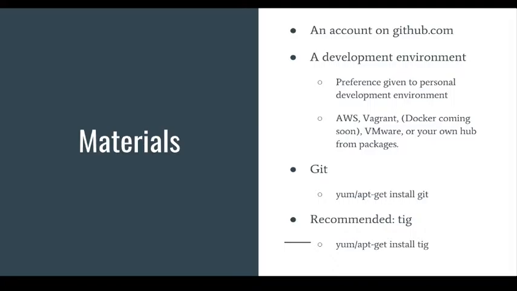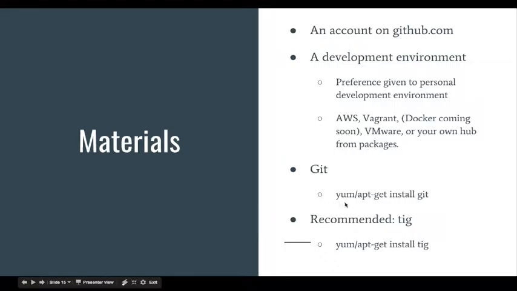So it gives you an environment to test your code in. We do have the VMware download available on hubzero.org/downloads. Or you can build your own hub from packages, which is labor intensive, but you have more control over what features you have enabled or disabled.